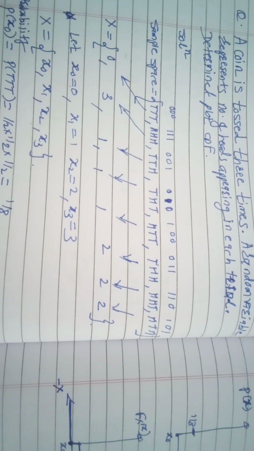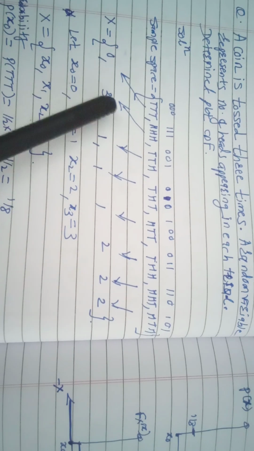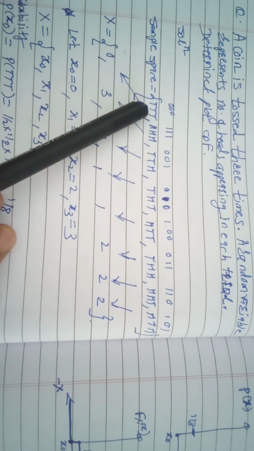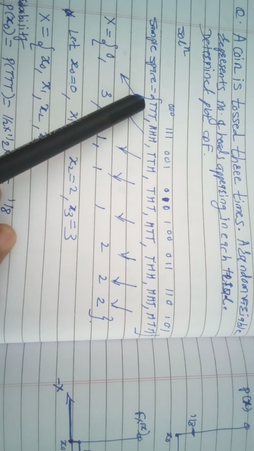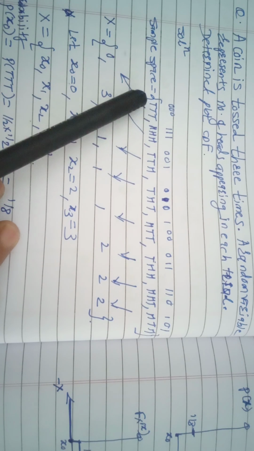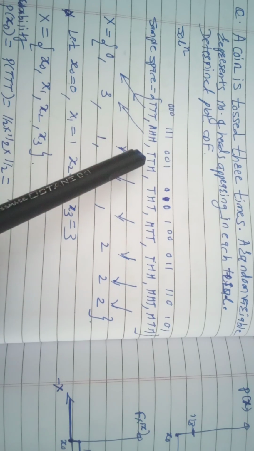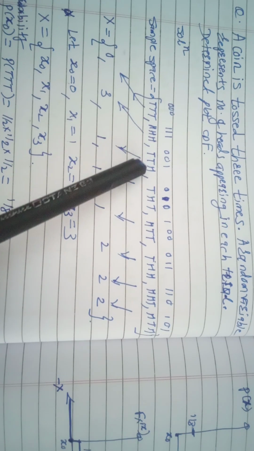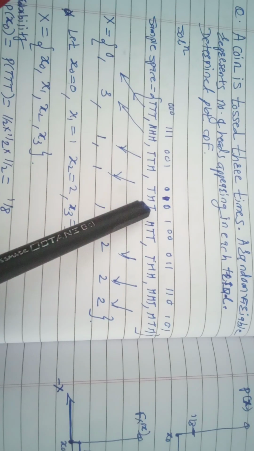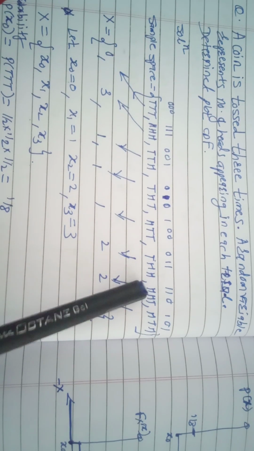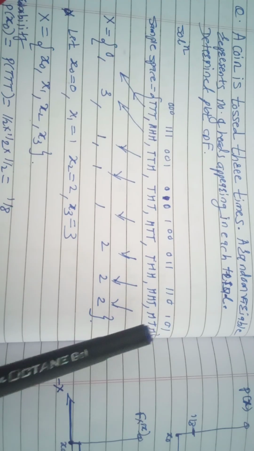Accordingly the sample outcomes will appear. It could be that on all 3 tosses you get tail, or head, or tail, head, or tail, tail, head, or head, tail, head.